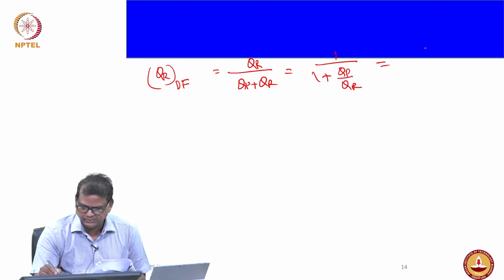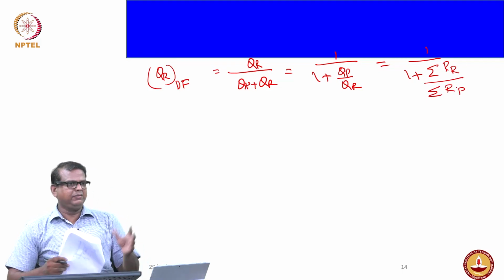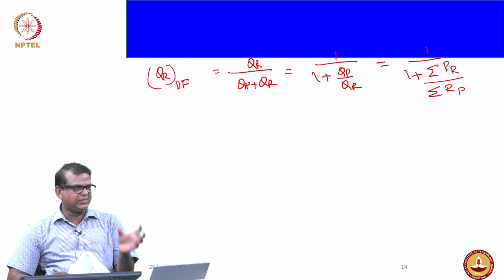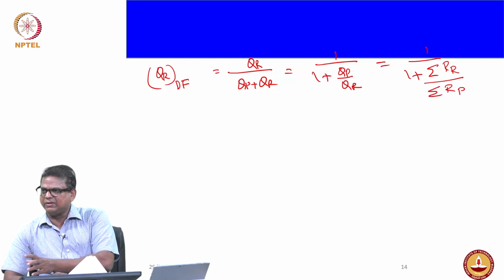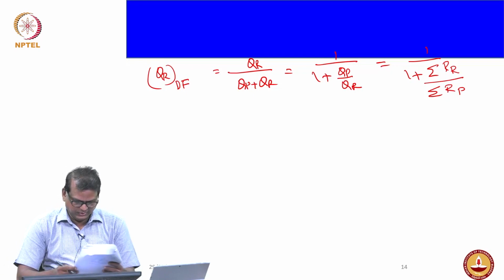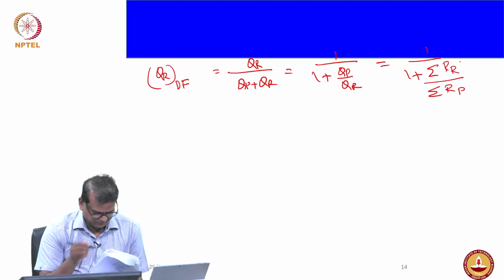When you do that, it will be 1 by 1 plus sigma RR over sigma RP. So already we have individually found the thermal resistance of the pad, and also the thermal resistance of your rotor. When you substitute, finally you would expect the equation. We have already done that.